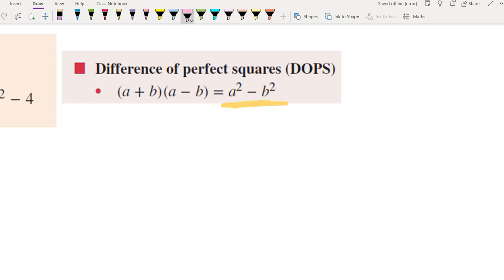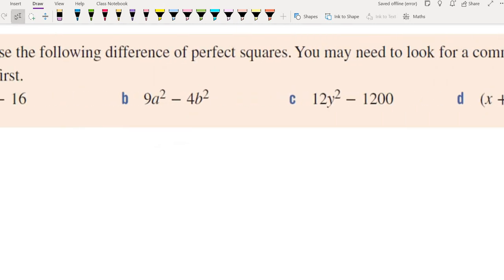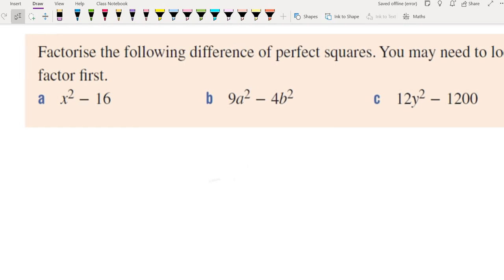So when we have a same number here, but the only difference is one is plus and the other is minus, we are always going to end up with these two terms like this. So using this idea, this is like a shortcut of factorizing.